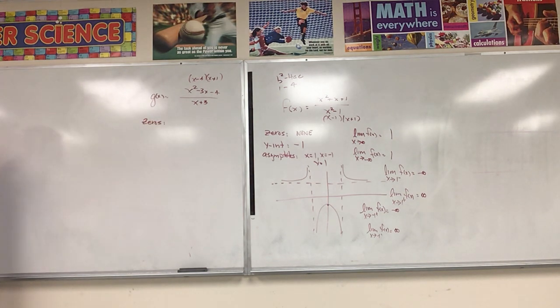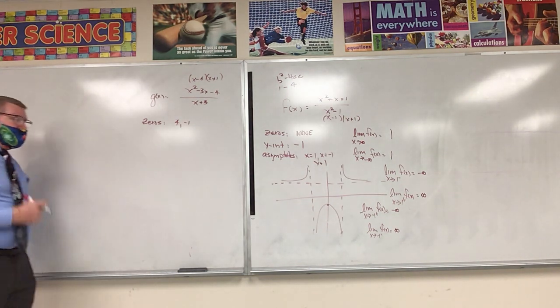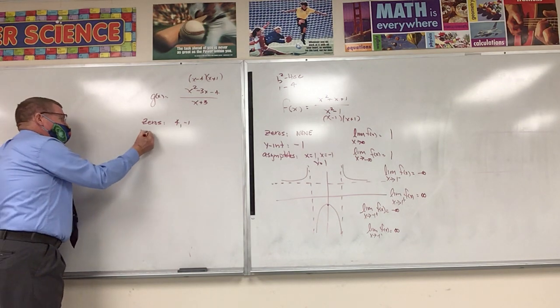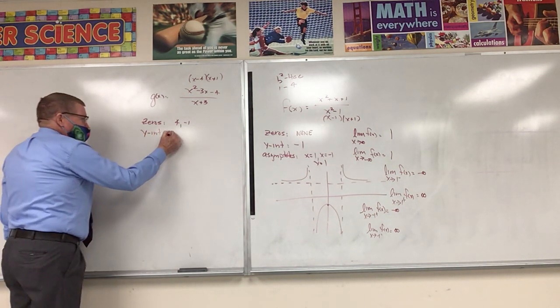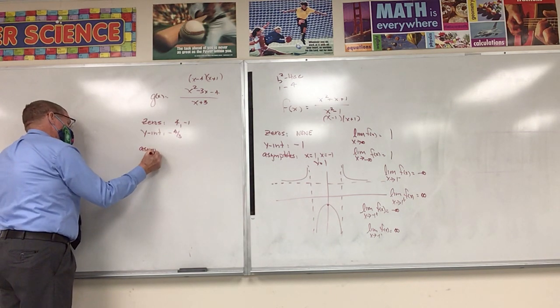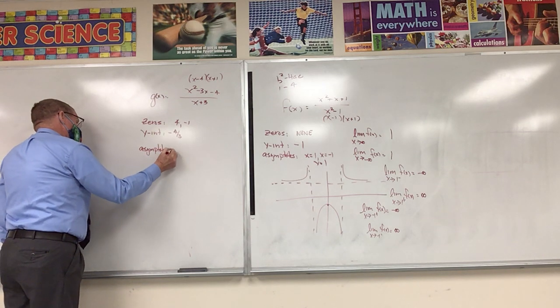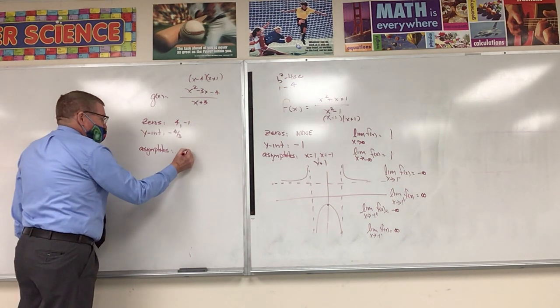Zeros: 4 and negative 1, correct? Y-intercept: negative 4 over 3, negative 4/3. Asymptotes: x equals negative 3.